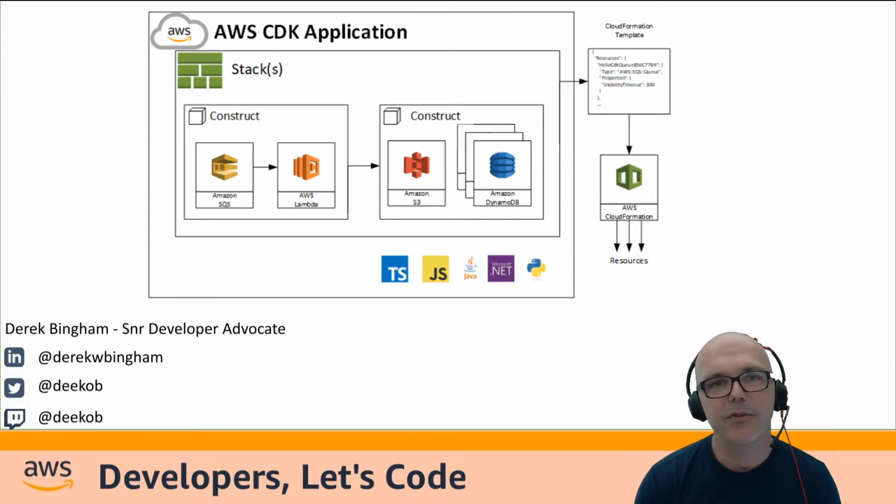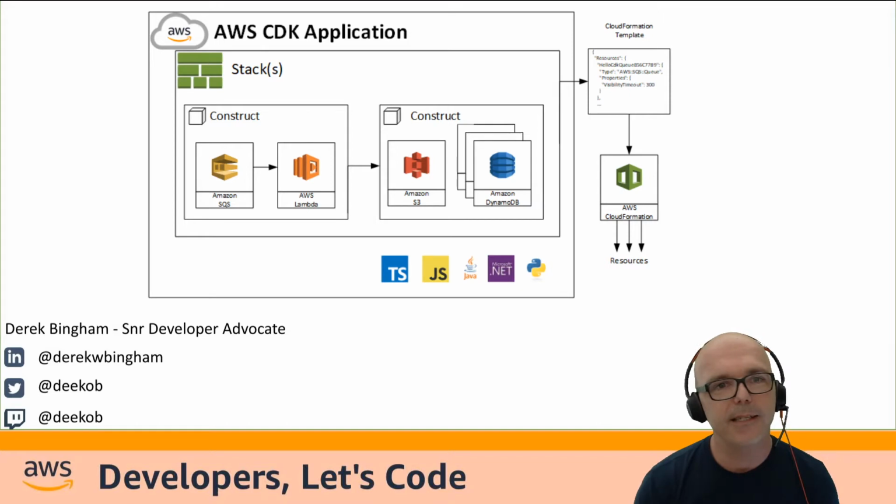There are three levels or layers of abstraction in the CDK. There's the top level abstraction, which is the application. Inside the application, we have one or many stacks. The stacks themselves are made up of what we call constructs or resources. Some people call them resources, but they're constructs.